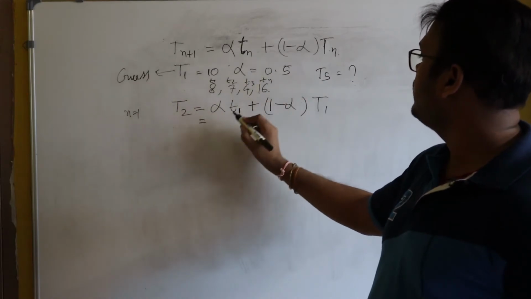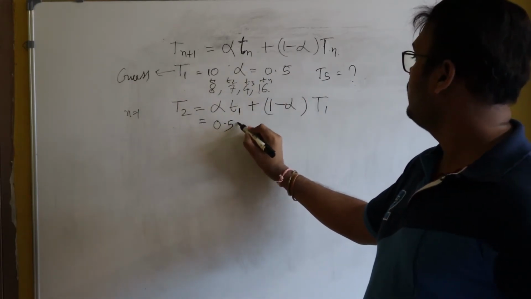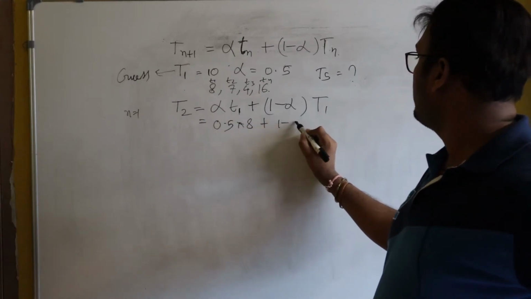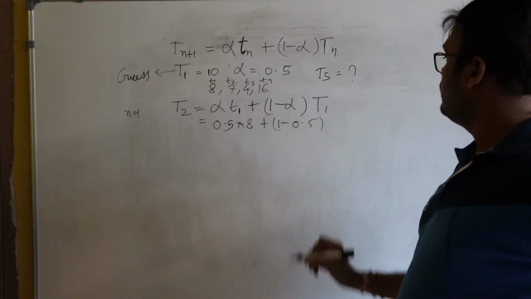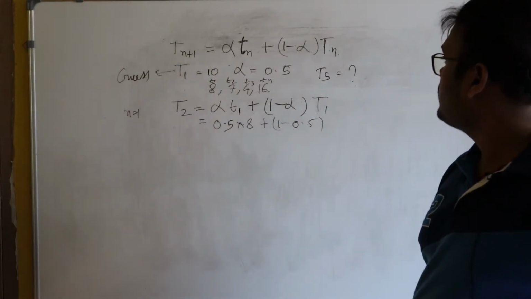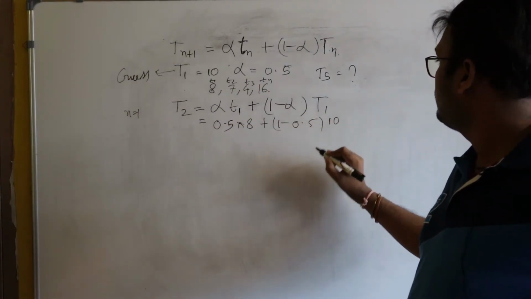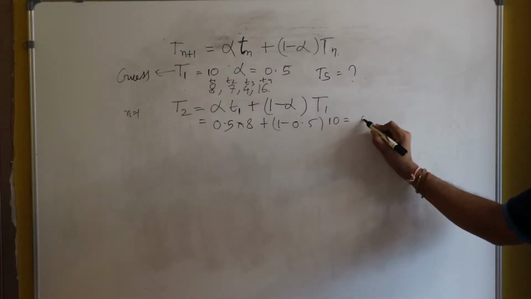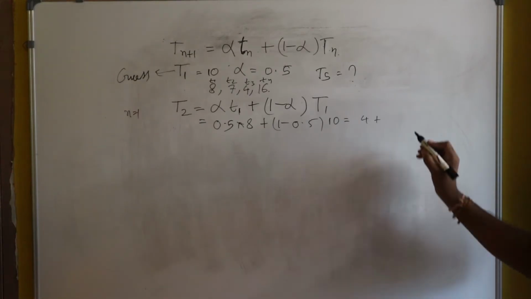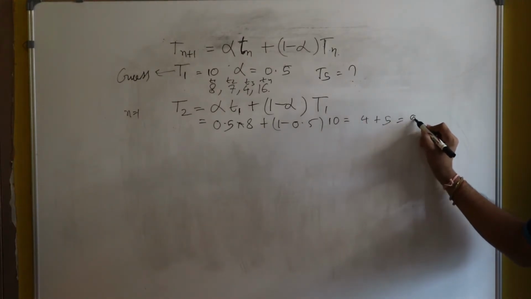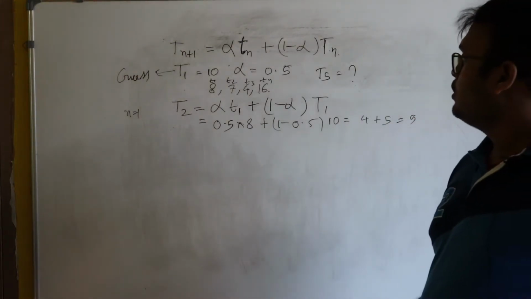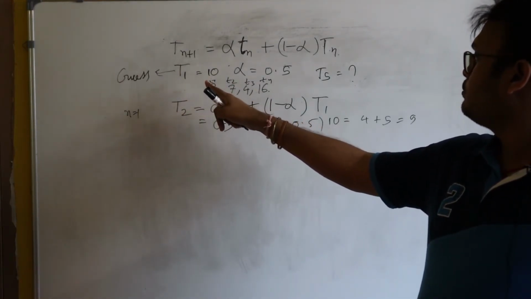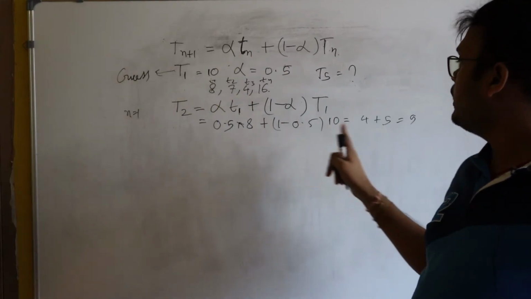Don't worry, it will be given in the examination. 0.5 into 8 plus 1 minus 0.5 into capital T1, which is 10. So it will be 4 plus 5 is equal to 9. Based on this initial guess, we have calculated T2.